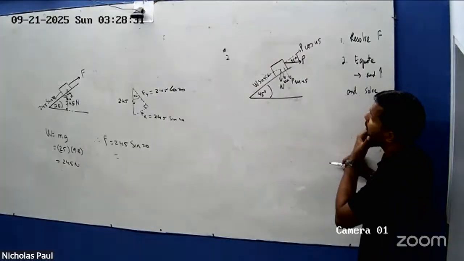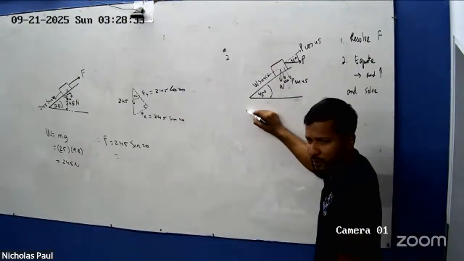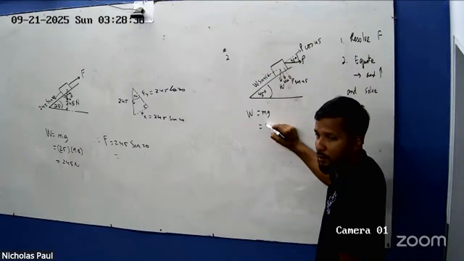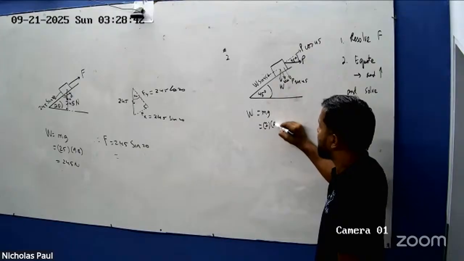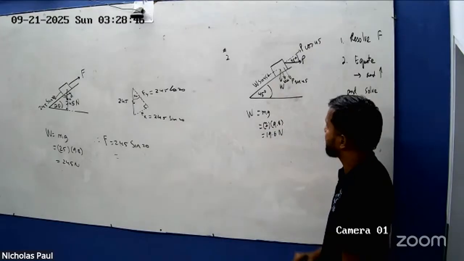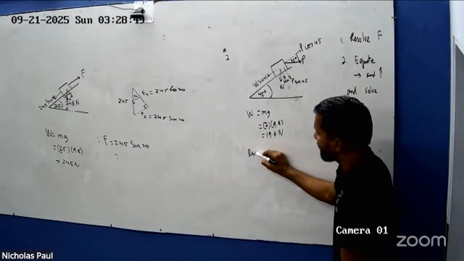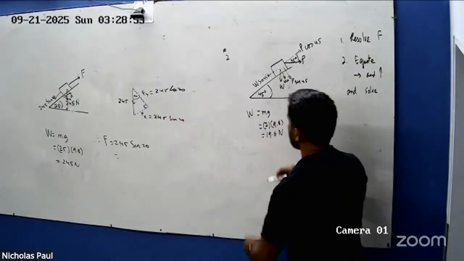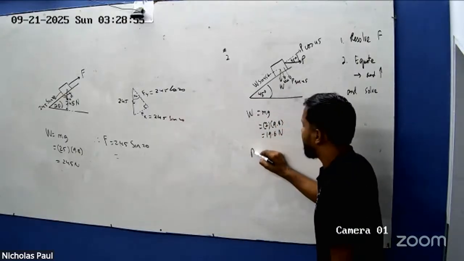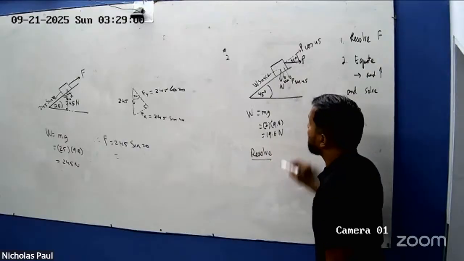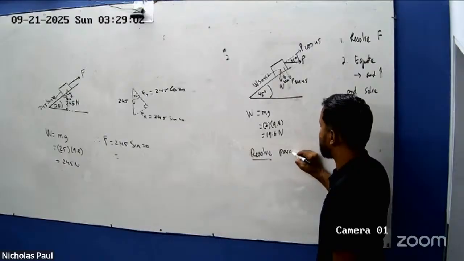So now what we can say, oh, by the way, what was the mass again? 2. So it's 2 by 9.8, which is 19.6. So if we resolve, let's resolve parallel to the plane first.